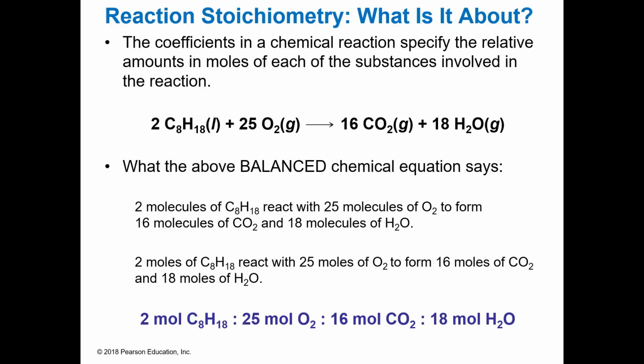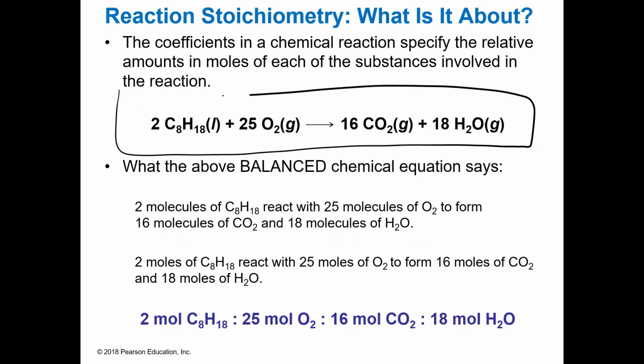Okay, so now we are going to look at those coefficients. Here we have a balanced combustion reaction. C8H18 is another hydrocarbon. Just to make my life easier, I don't like to say C8H18. I'm going to call this octane. And you know what?